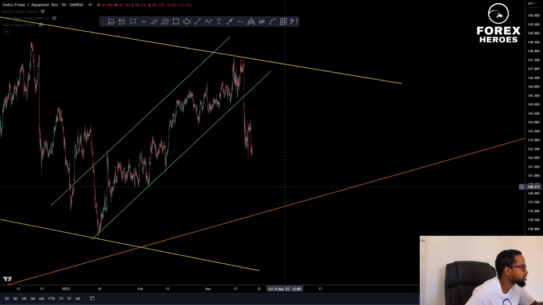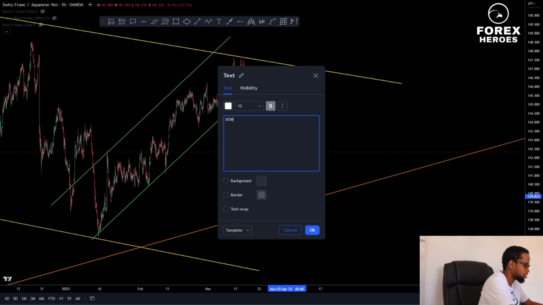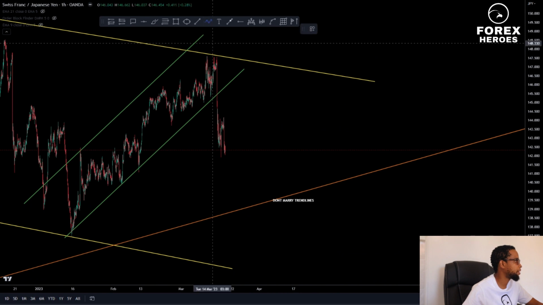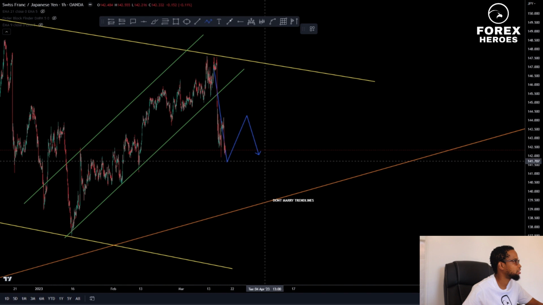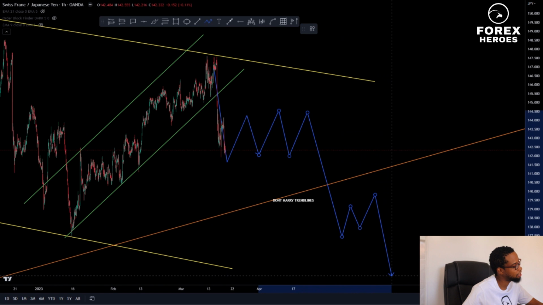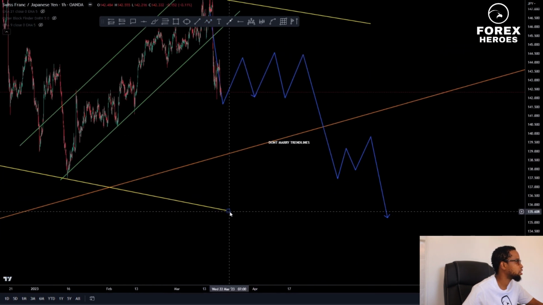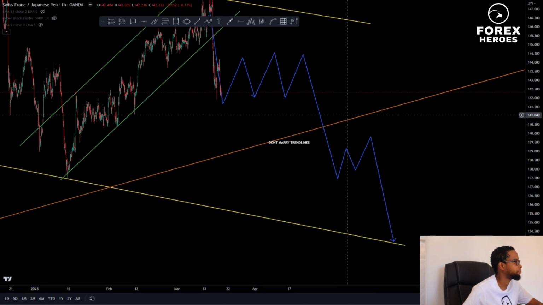So don't marry this trend line. Guys, don't marry trend lines. I'm referring to this. We can have a situation whereby the movement goes like this, then breaks this, comes back, and this gets touched here.